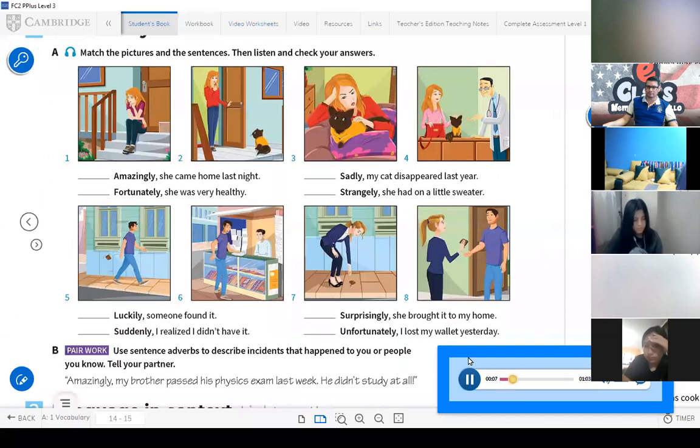Page 14, Exercise 1, Vocabulary, Sentence Adverbs. 1, Sadly, my cat disappeared last year. 2, Amazingly, she came home last night. 3, Strangely, she had on a little sweater. 4, Fortunately, she was very healthy. 5, Unfortunately, I lost my wallet yesterday. 6, Suddenly, I realized I didn't have it. 7, Luckily, someone found it. 8, Surprisingly, she brought it to my home.